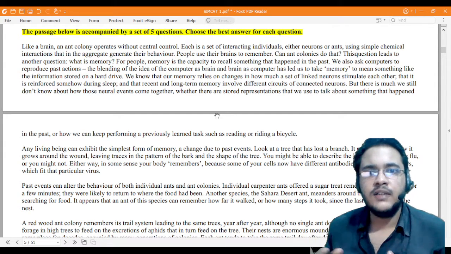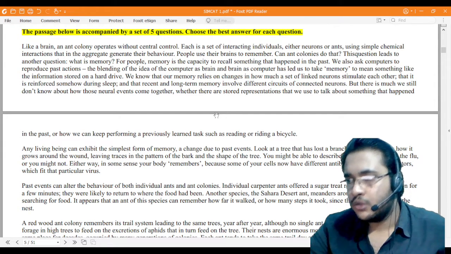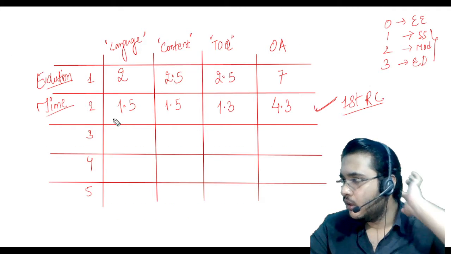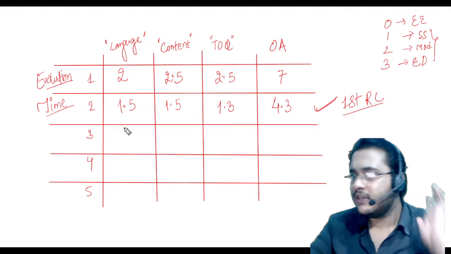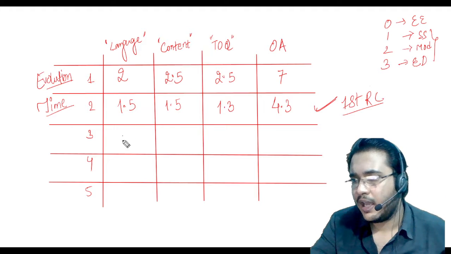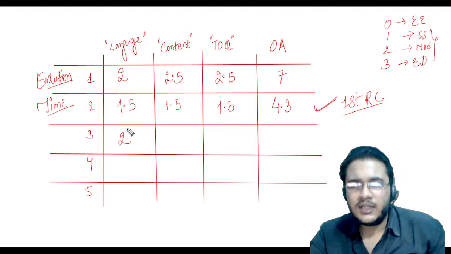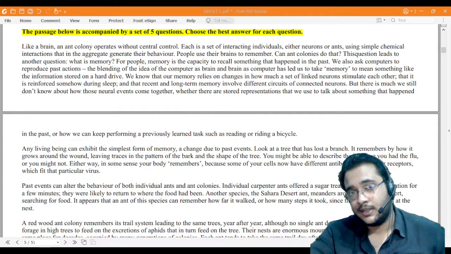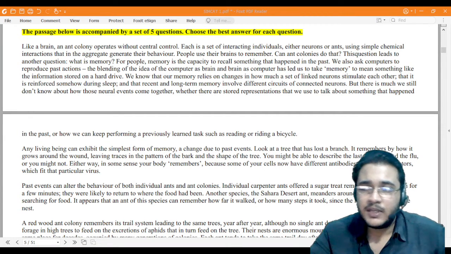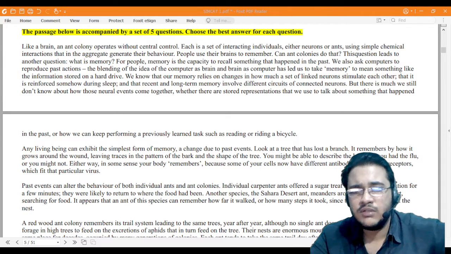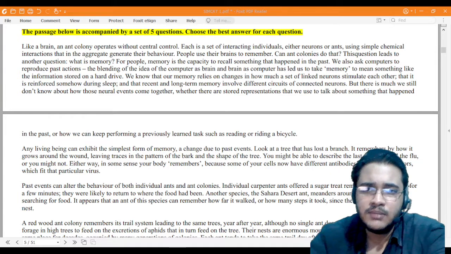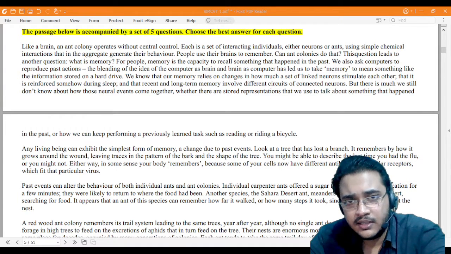So that is effectively what we are doing, right? So I will not give it a very low rating on language. So probably I'll give it a 2 on language. About the content, it is actually heavy on content as well. Because if you read the first paragraph, there are so many questions that the author is asking you, and he is constantly making a comparison between the brain and the ant colonies.